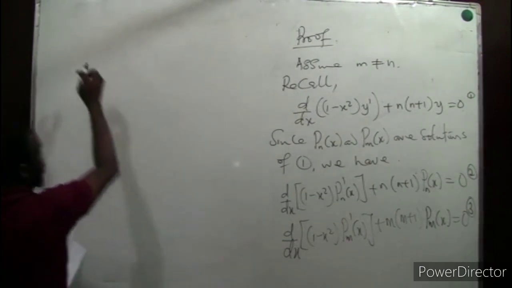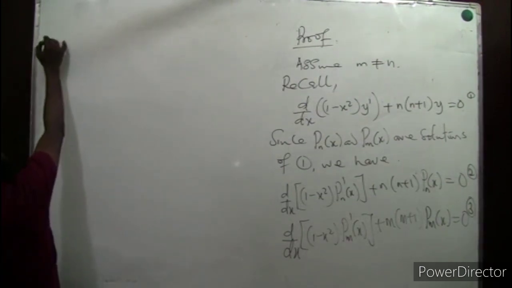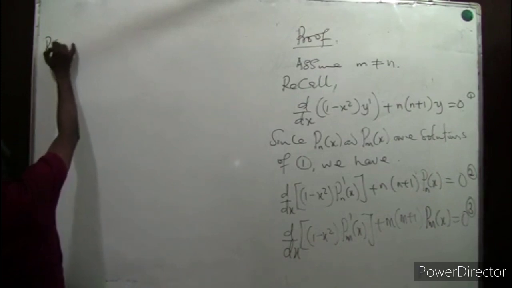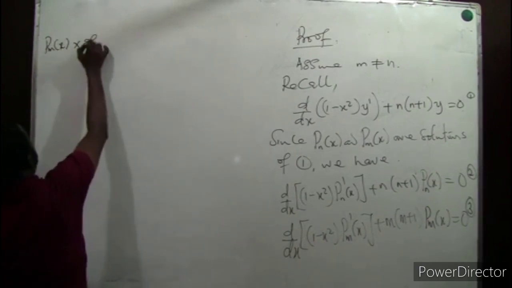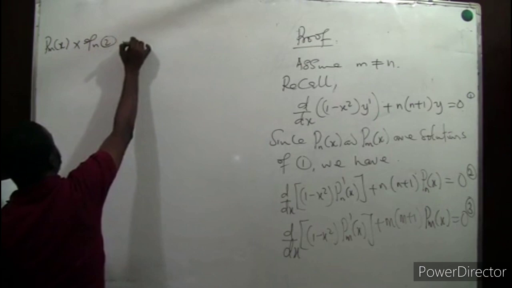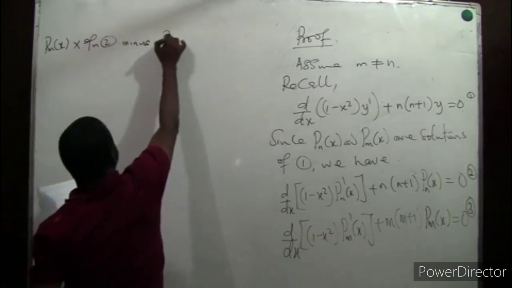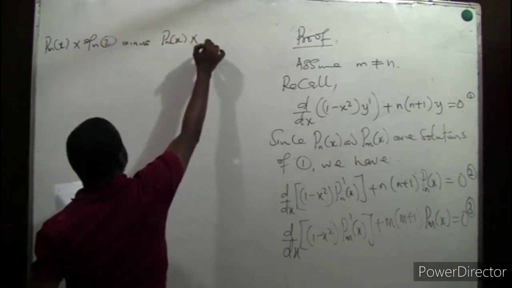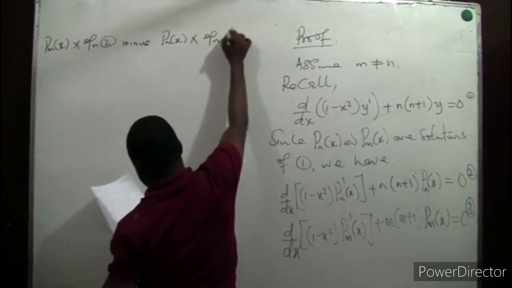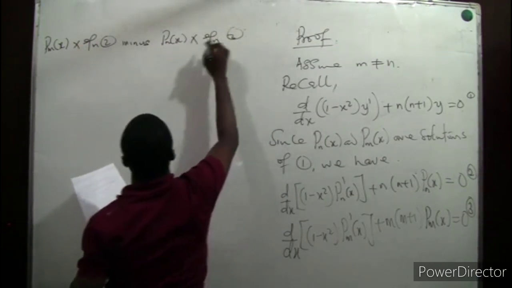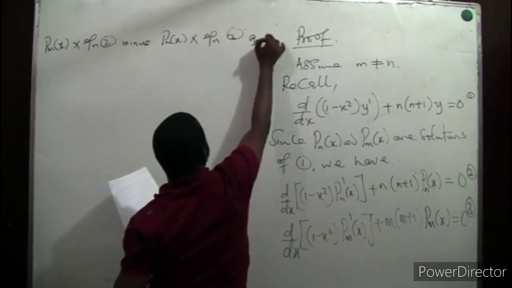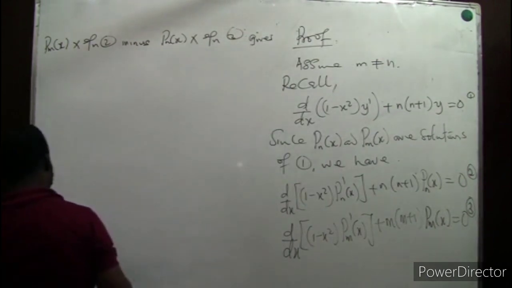So multiply Pm of x times equation 2 minus Pn of x times equation 3 gives, what are we going to have?